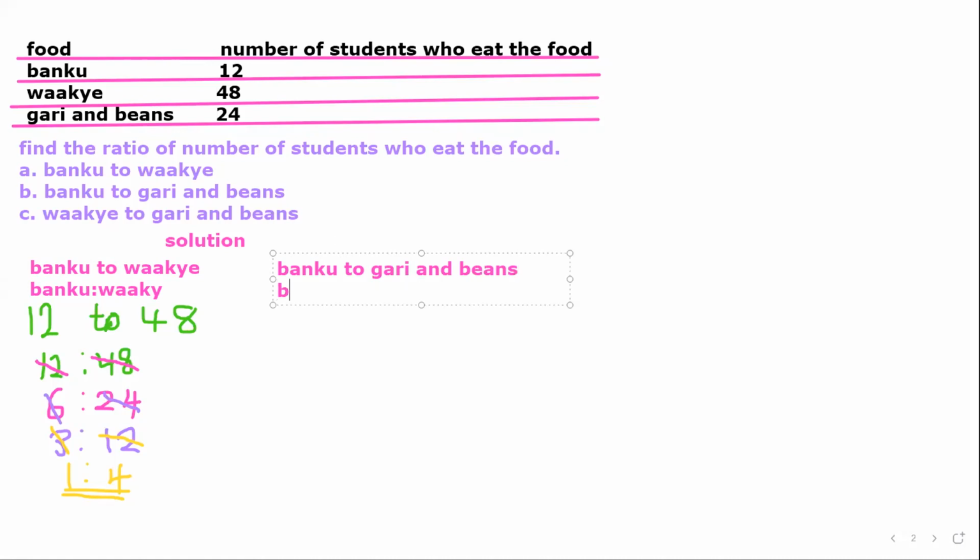And that is Banku to Gari and beans. Sorry, Gari and beans. So that is the B.